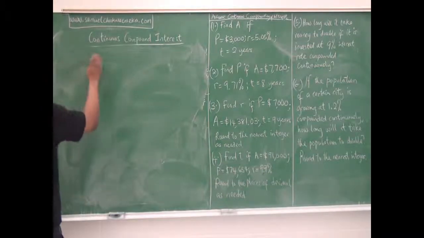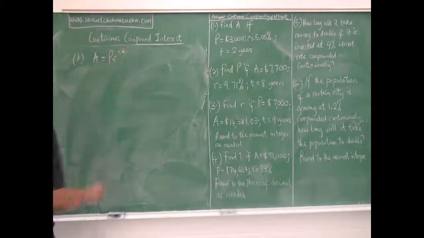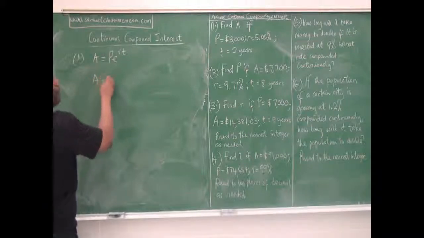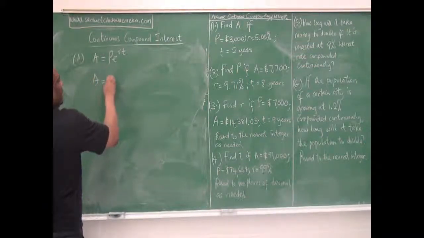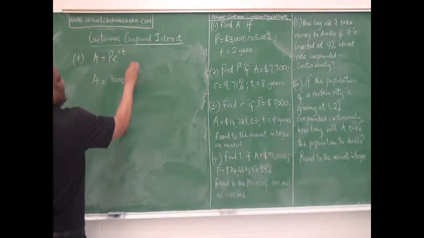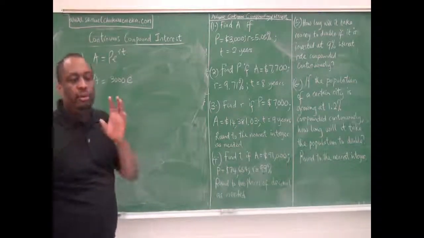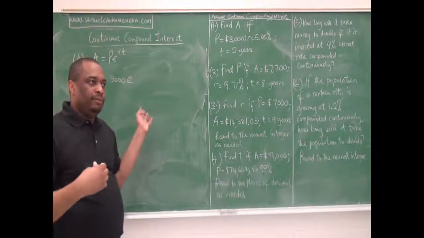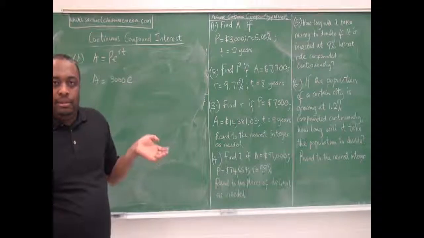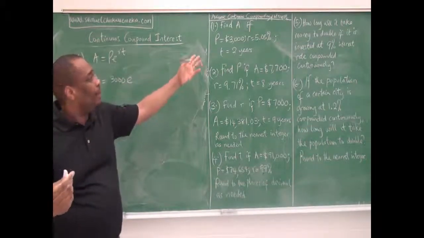Number 1, we know that A is equal to P E raised to RT. And they say we should find A, right? So A will now be, the principal is 3,000, then R is 5.05%. Now, like I told you, if you want to use R in solving to get something, then you have to put it as a decimal, you have to divide it.